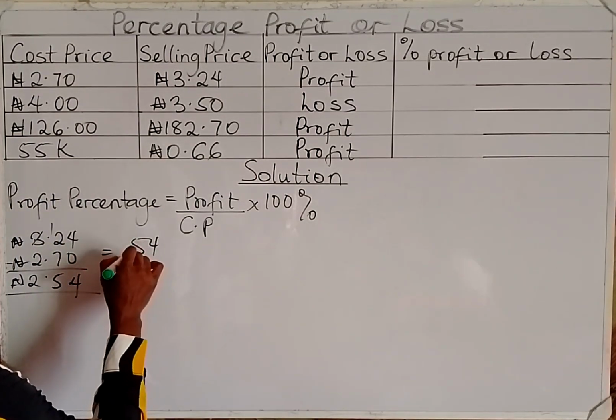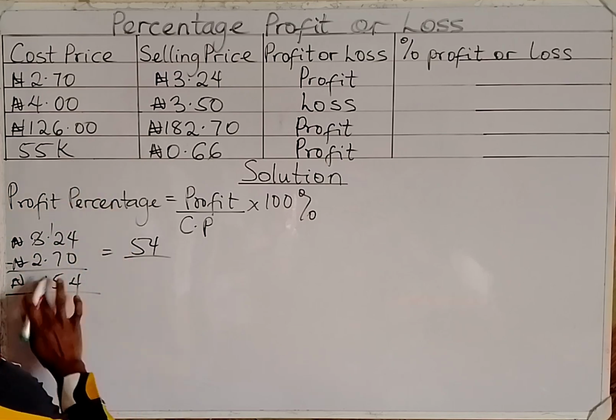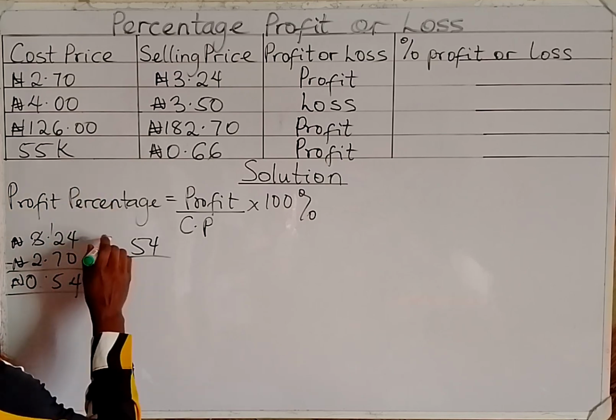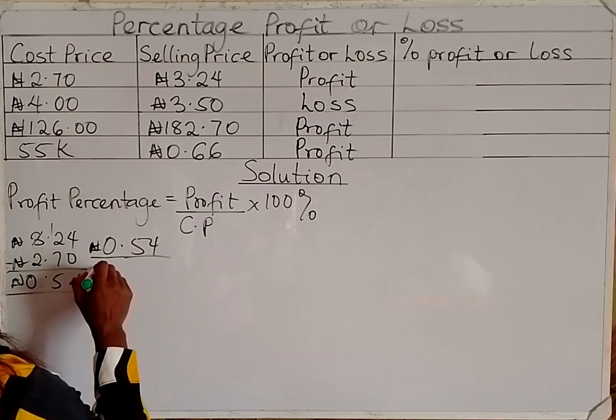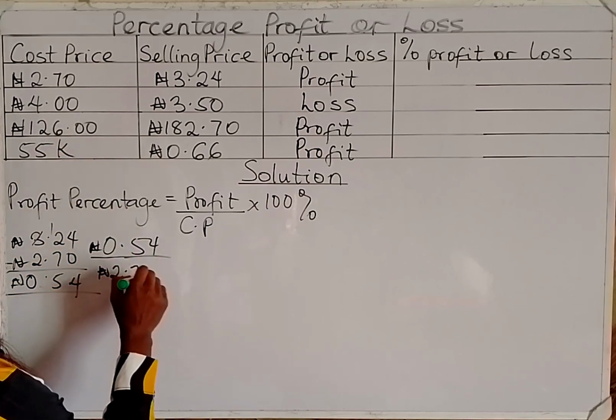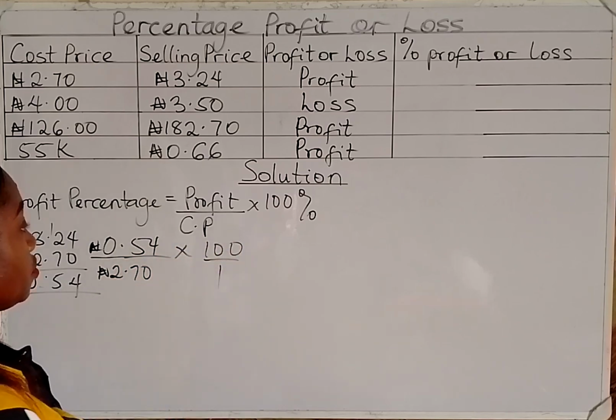That's 0.54 over the cost price, 2 naira 70 kobo, times 100 over 1.